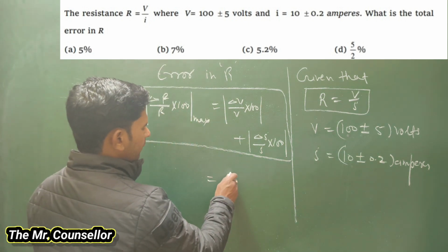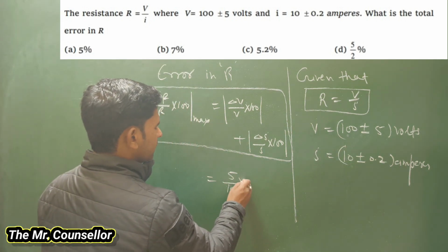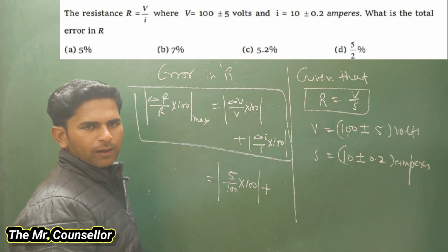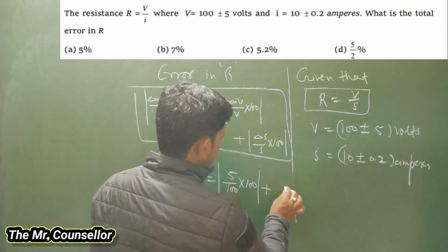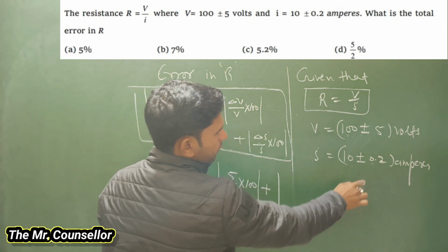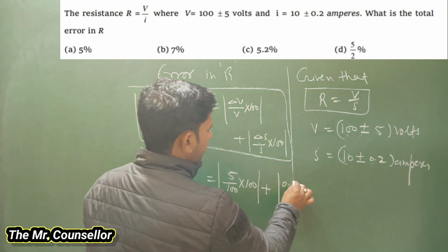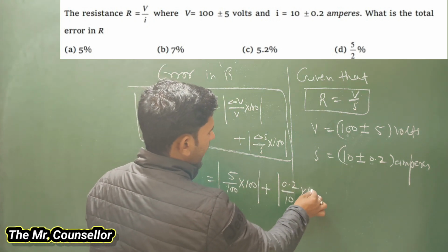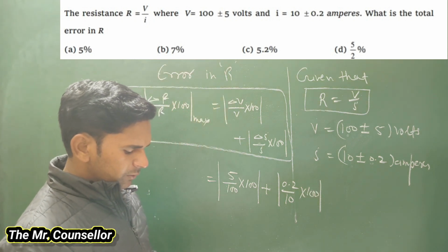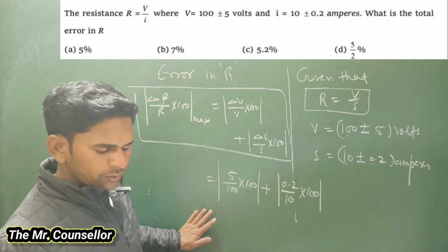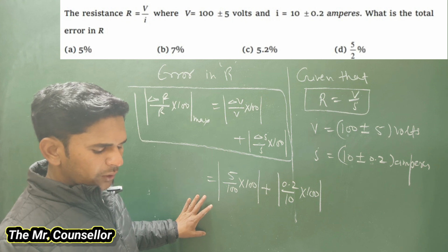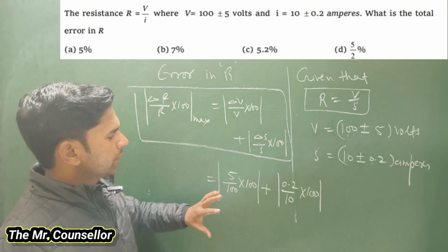So we can write 5 upon 100 multiplied by 100, very good, plus del I, the small value 0.2, upon 10 multiplied by 100. Is it okay? Till here any doubt? No doubt? Sure?